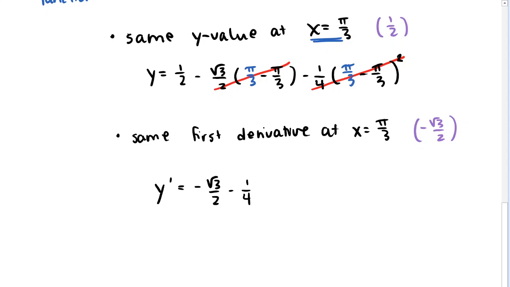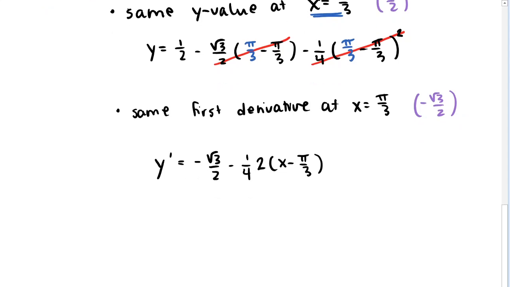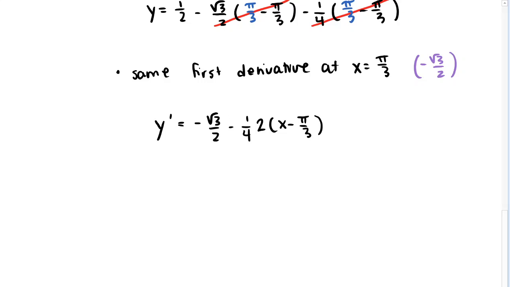We're going to bring down that factor of 2 from that power. Right? So 2 times x minus pi over 3, and then times the derivative of this inside of x minus pi over 3, that's just 1. Right? So this factor of negative 1/4 and 2, that comes out to be negative square root of 3 over 2 minus 1/2 x minus pi over 3.